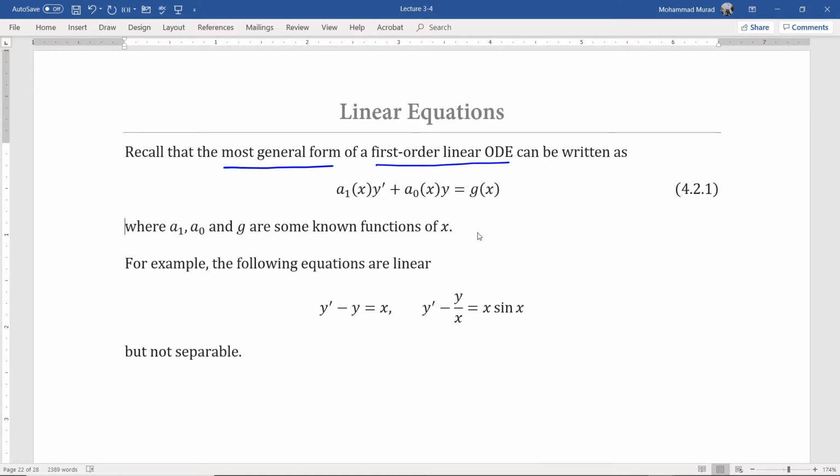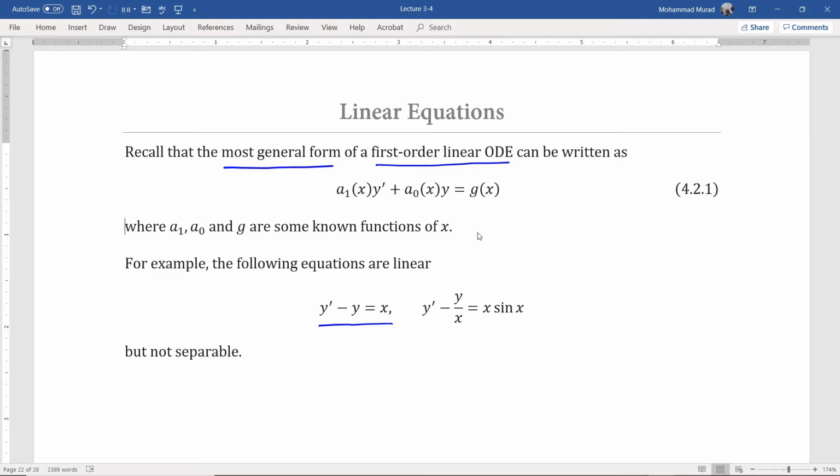For example, the following equations are linear. In the first equation, a sub 1 is 1, a sub 0 is negative 1, and g of x is simply x.